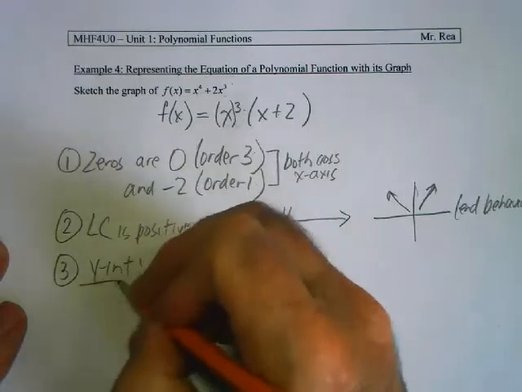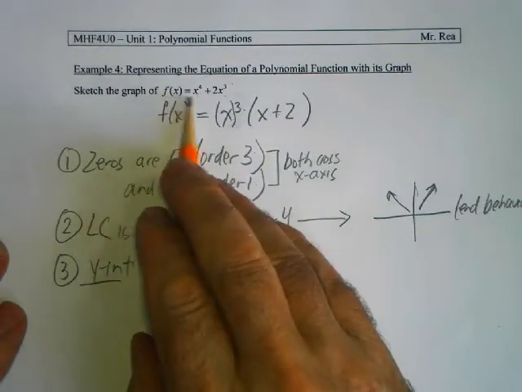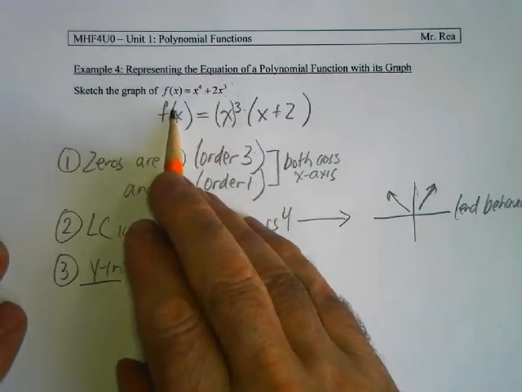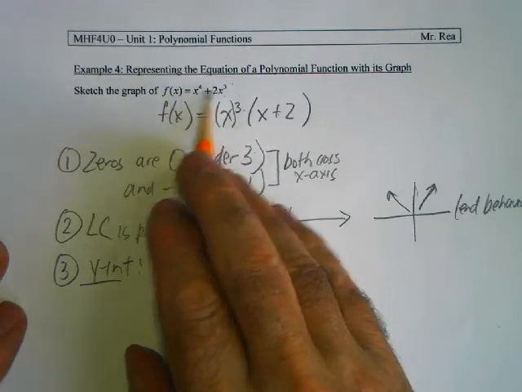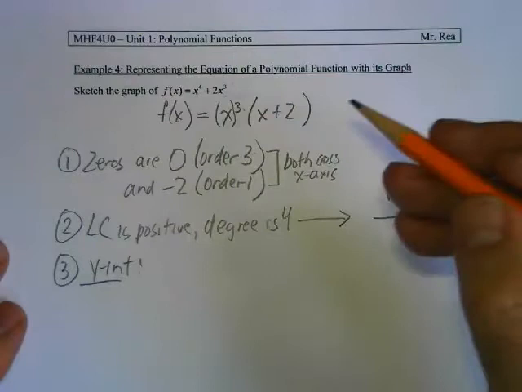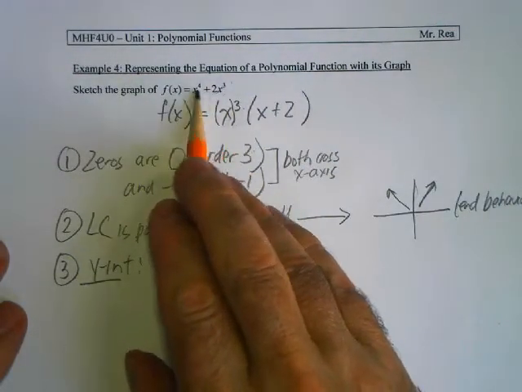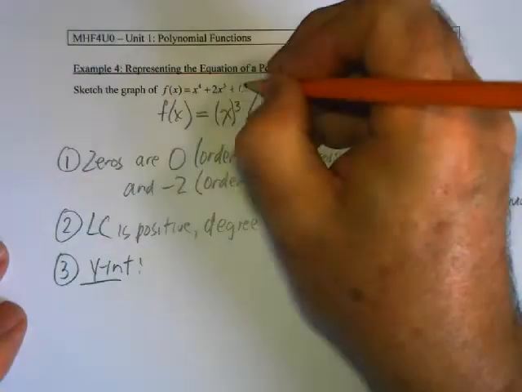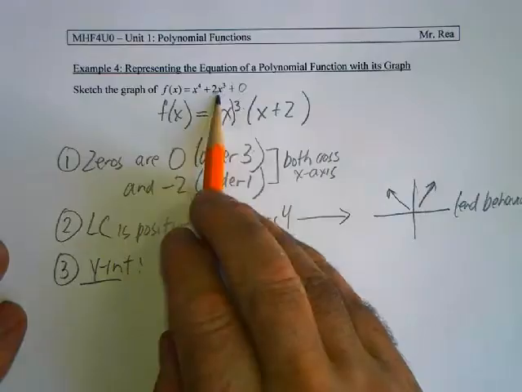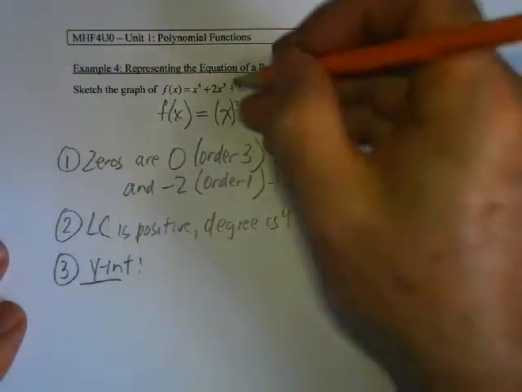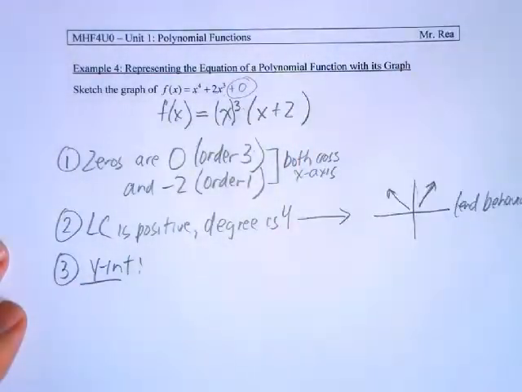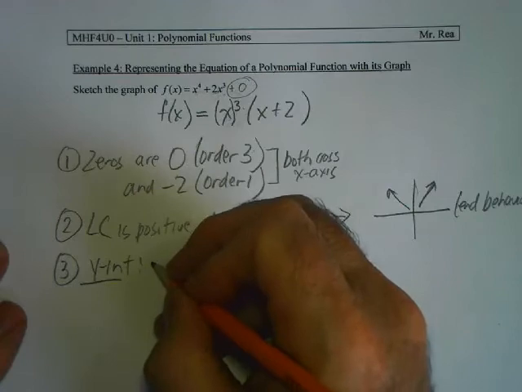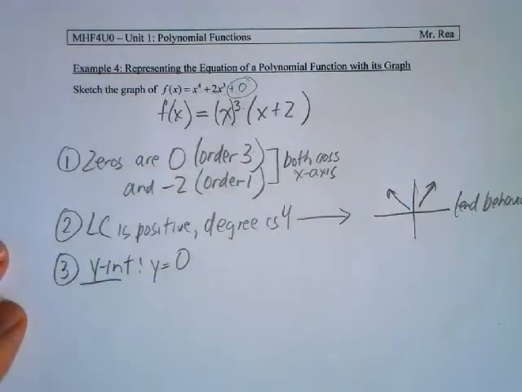And there's a couple ways of doing that. You could plug in x equals 0, because that's where the y-intercept is, so plug in zeros. That gives you 0. The other way of doing it is in the standard form of the polynomial, look for the constant term. Now there's no constant term here, at least it doesn't look like there is, but that means the constant is actually 0. So we got 0 as the y-intercept in a couple of ways.